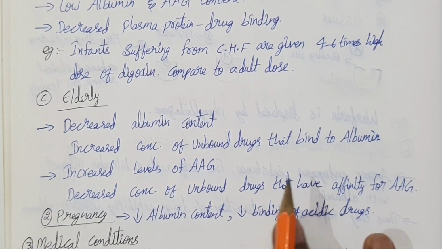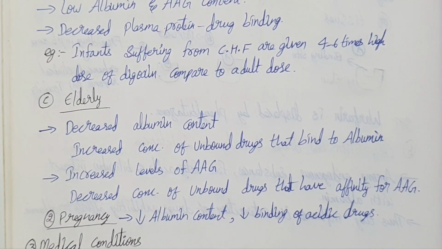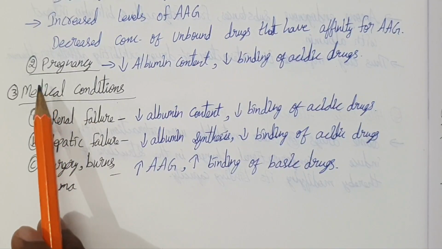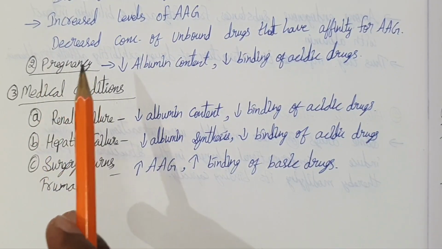Then we have elderly. In elderly, low albumin levels are there. So it increases free acidic drugs. Also they have high AAG. So it decreases free basic drugs binding. Next is pregnancy.